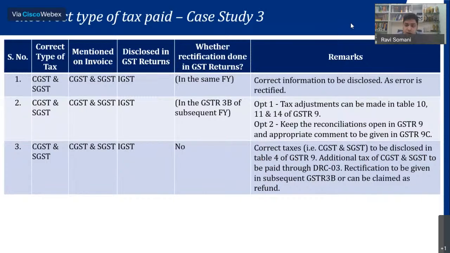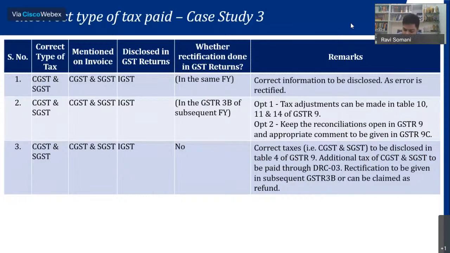Let us say you have corrected that in the subsequent financial year. In that scenario also, I would always recommend that you disclose the correct details in the annual return. As I've already mentioned at the start, the guiding force must be that what is correct must come. Just because something went wrong should not go wrong in the annual return.